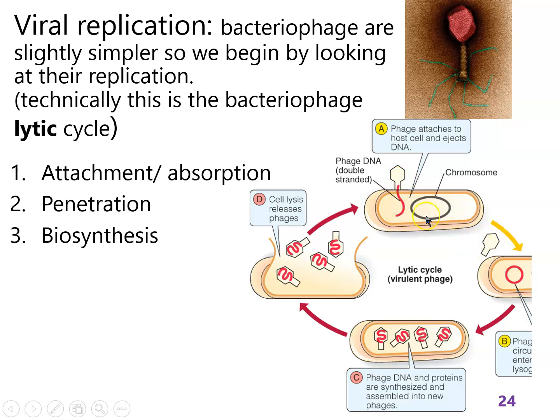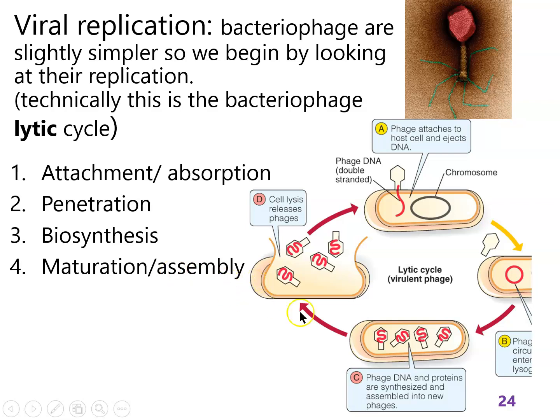Then somehow this nucleic acid has to have instructions on it that this cell will follow to make the pieces of new virions, to make new nucleic acids, to make the capsid and capsomeres, to make anything else the virion would have in it. And then maturation or assembly, these are the same thing.